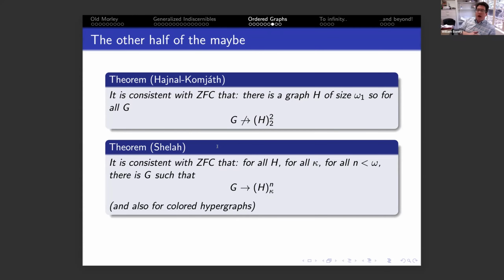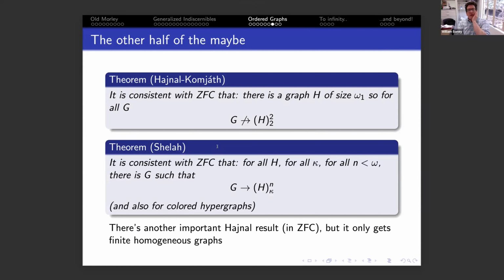That for all ordered graphs H, for all kappa and for all n, there's some big enough G so that, and here this is a different partition relation than I wrote before, but it should be interpreted the same way, any n-coloring of the ordered graph G with kappa many colors, you can find some copy of H in G that's type homogeneous. And this also holds for colored hypergraphs, where on G, rather than just an edge relation, you have some function from less than n tuples into some fixed cardinal theta.